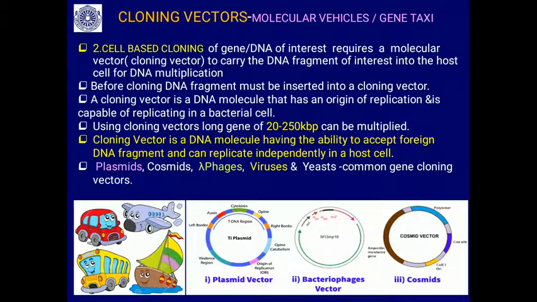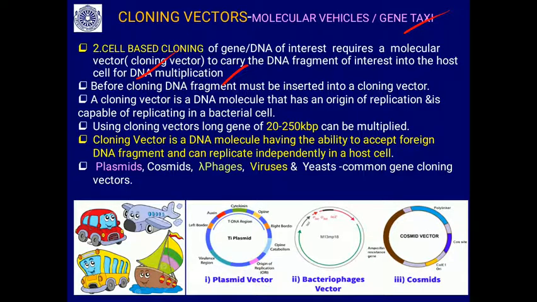Now coming to the cloning vector, they are also called molecular vehicles or gene taxis. In cell-based cloning, the gene of interest requires a molecular vector or cloning vector to carry the DNA fragment of interest into the host cell for DNA multiplication.